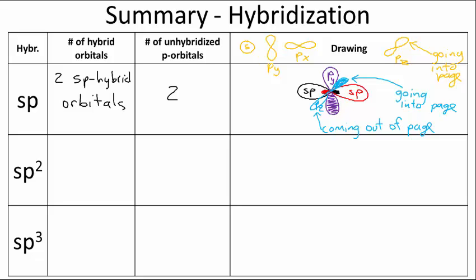So it's really hard to draw. So I've built the model. I will show the model, and then I'll pass it around so you can see what it looks like.